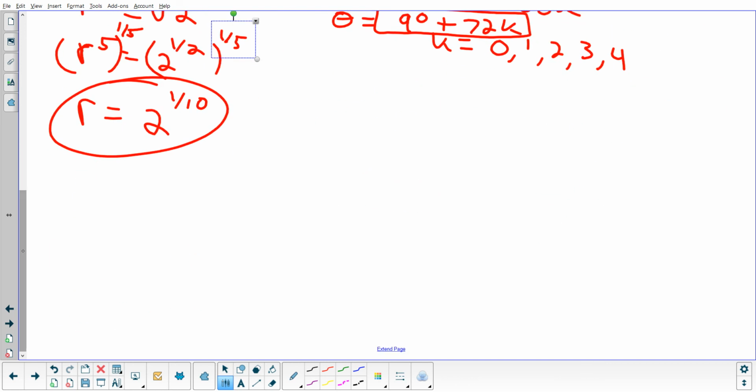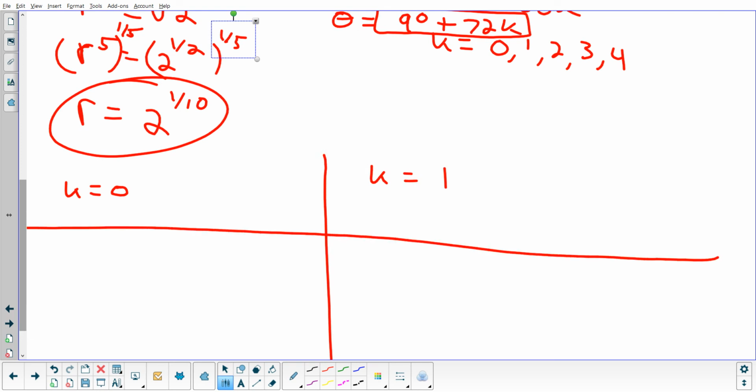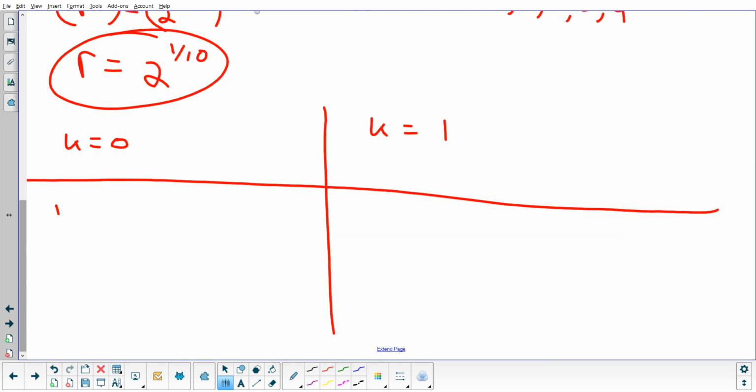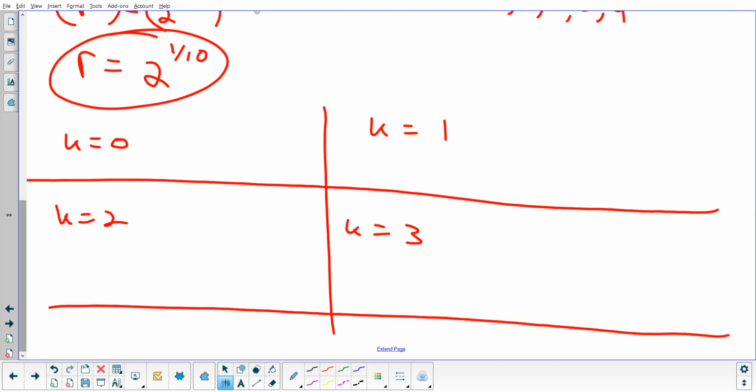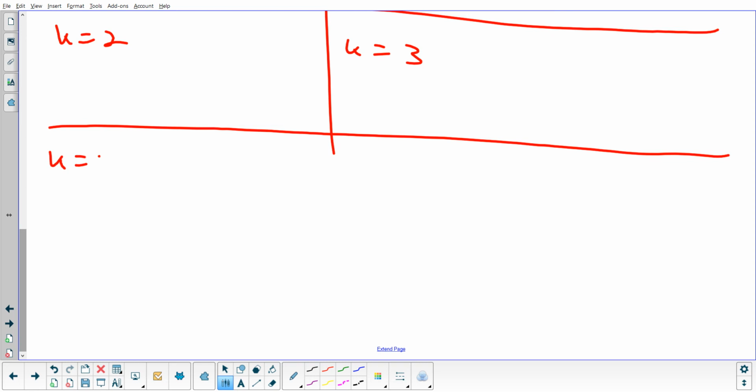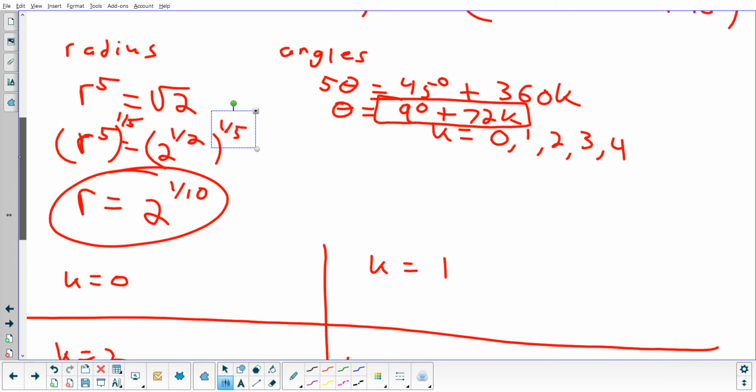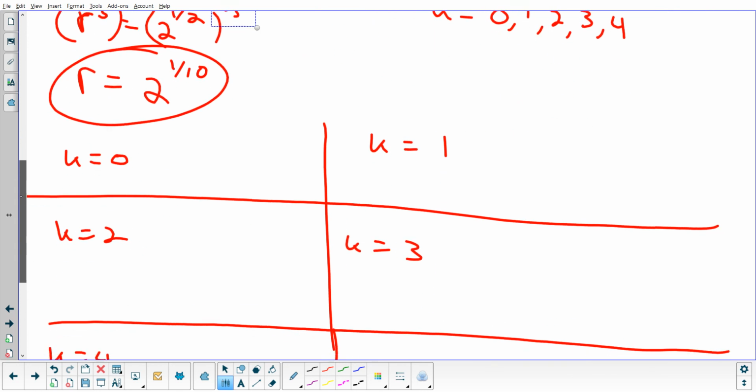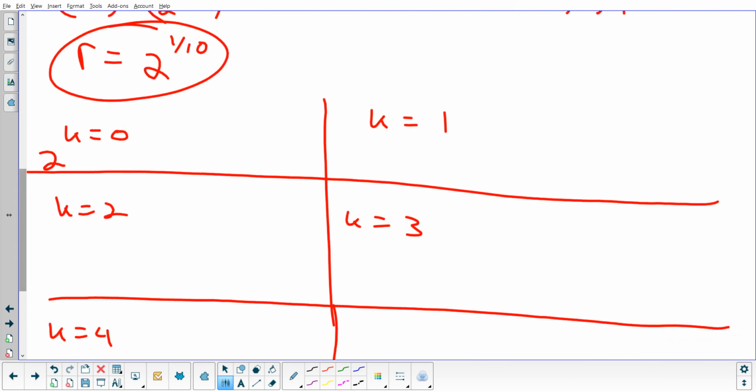All right, let's get our 5 answers ready. k equals 0. k equals 1. k equals 2, 3, and 4. Okay, I'll put them in those boxes. Okay, 2 to the 1/10. That's going to be the same radius every time. So 2 to the 1/10 cosine plus i sine.